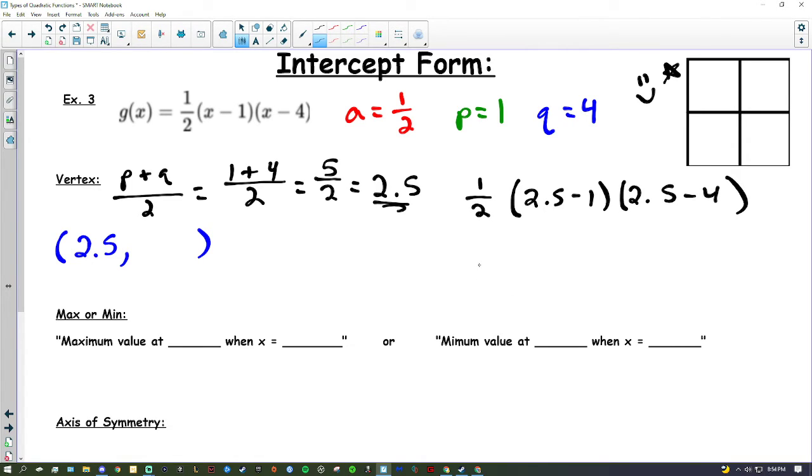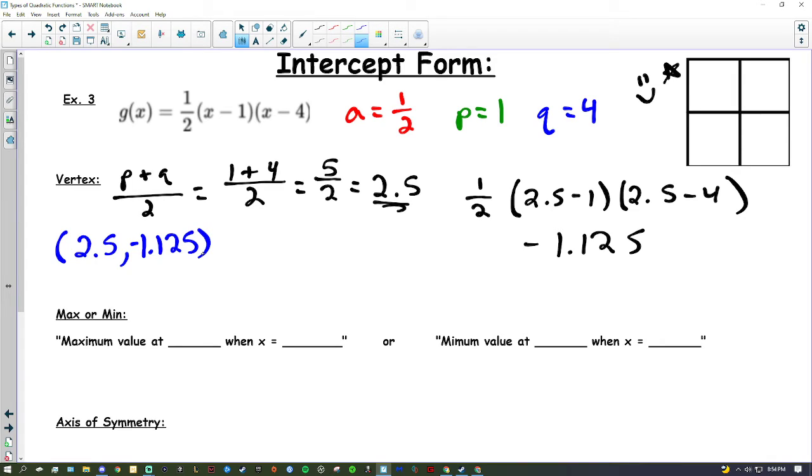You plugged that whole thing into your calculator, fraction included, and you did an excellent job being super careful and double checking all of your work. You got -1.125. Good work. That is our vertex.